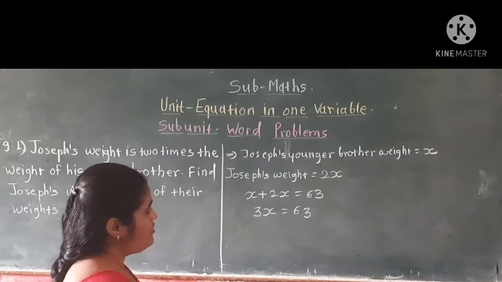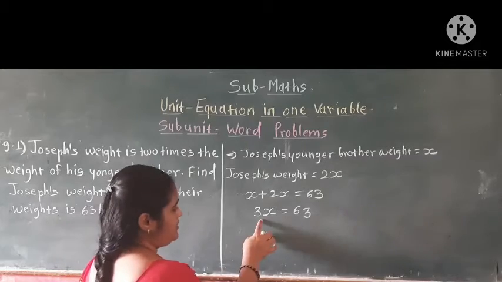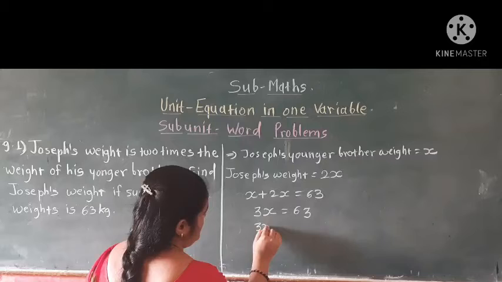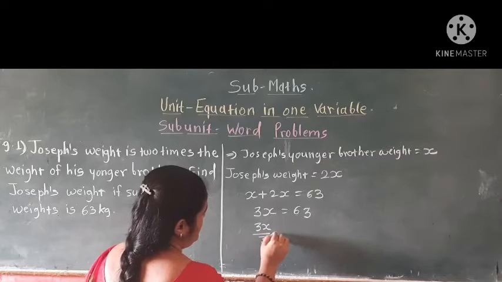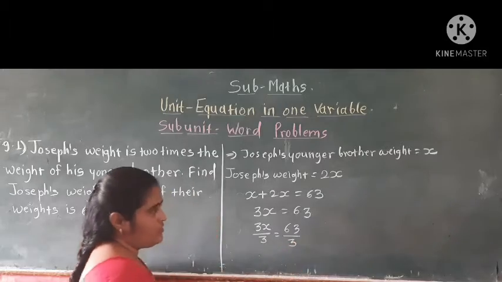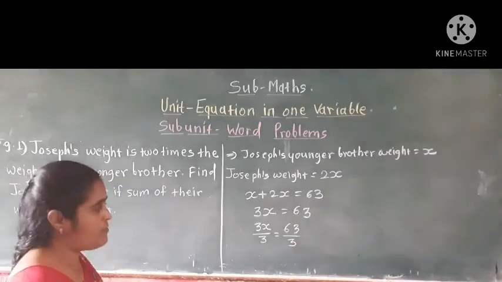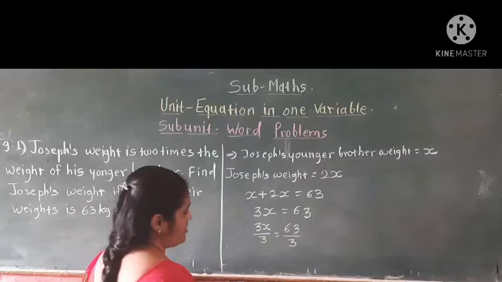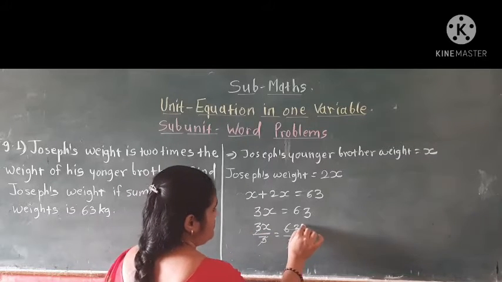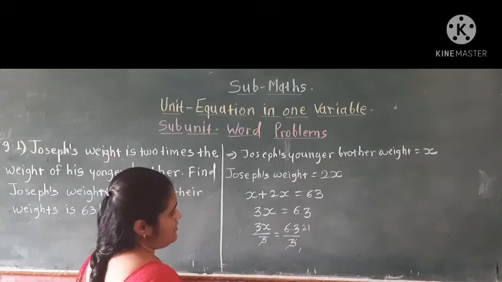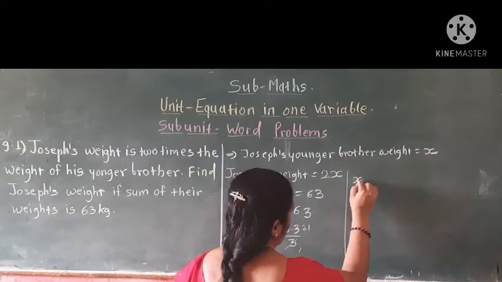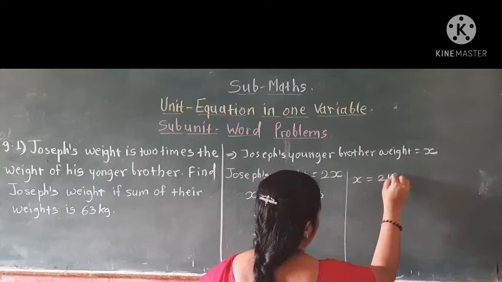According to the rule, we have to divide both sides of the equation by 3. 3x divided by 3 is equal to 63 divided by 3. Here the 3 gets cancelled, and 63 divided by 3 is 21. Therefore the value of x is 21.